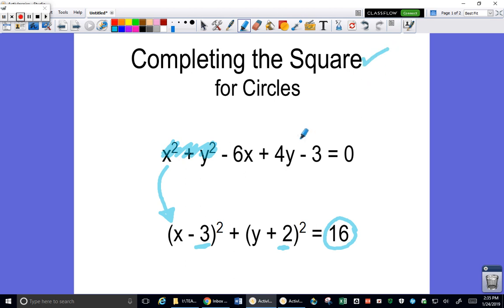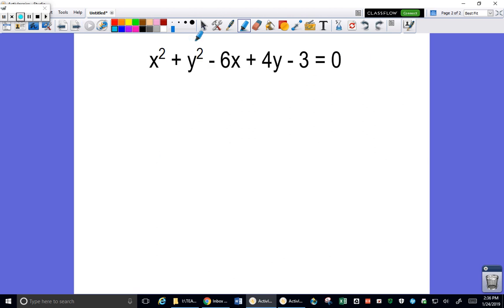So we're going to talk about the 5 steps. It might be less than 5, but we'll write down 5 steps that we're going to use to take this general equation and write it in standard form. Using the same equation we just had, here we go.